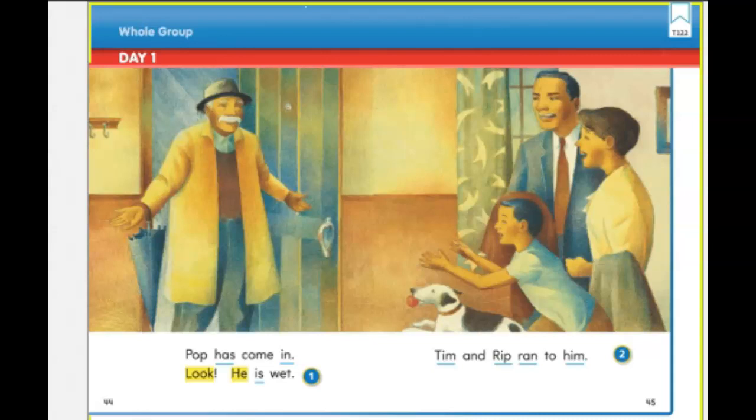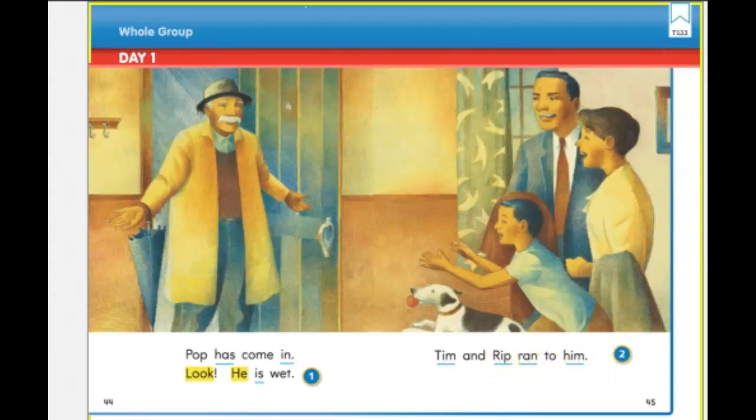Pop has come in. Look, he is wet. Tim and Rip ran to him. Let's do it one more time. Pop has come in. Look, he is wet. Tim and Rip ran to him.